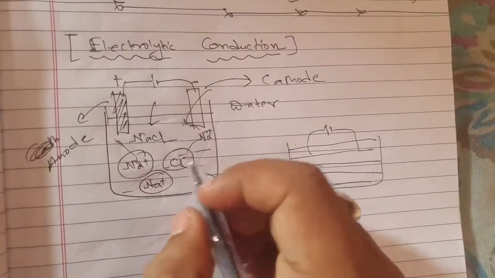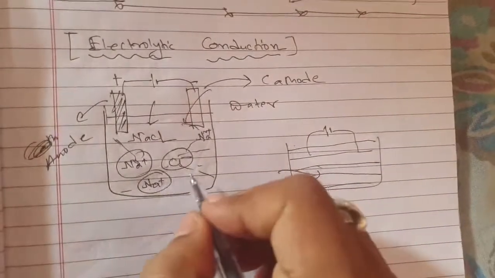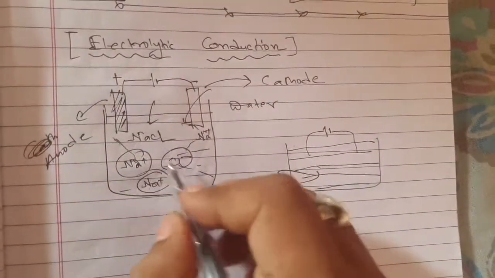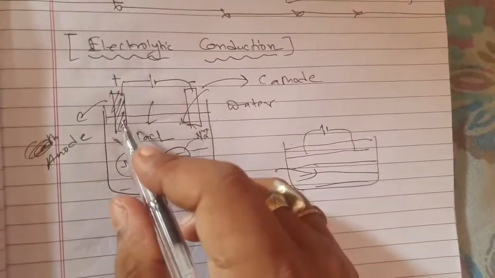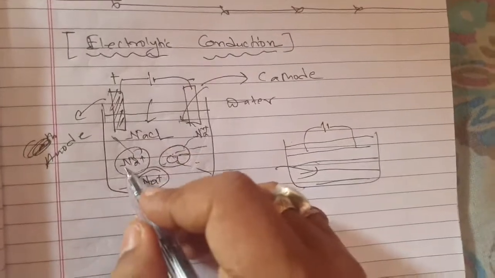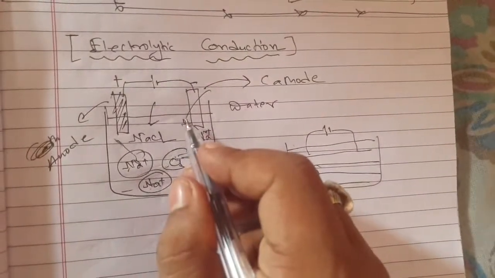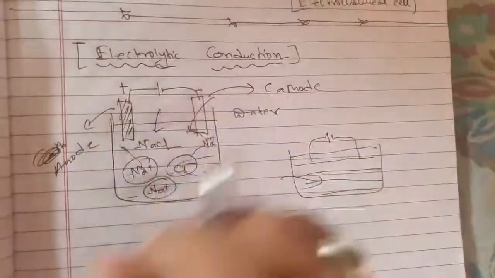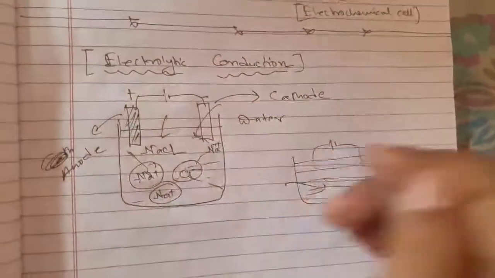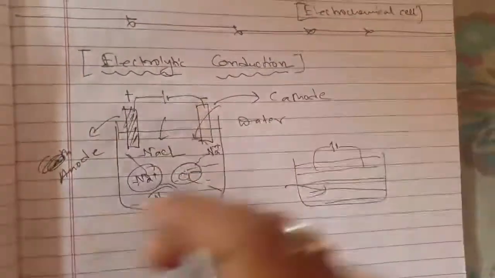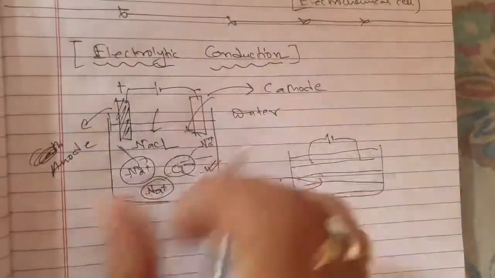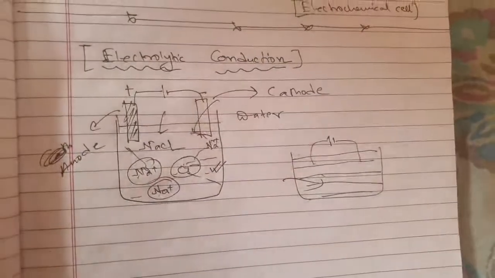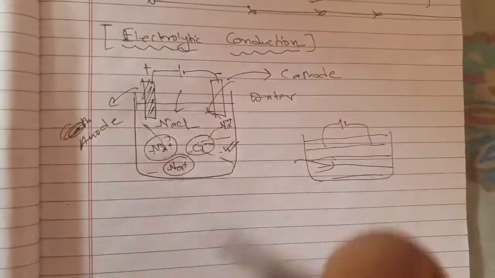The negative ions will migrate towards the positive electrode or anode, and the positive ones will migrate towards the negative electrode or cathode, and hence it will be electrolytic conduction. In this chapter we will be more interested in the nature of the electrodes, how you should keep the electrolytes, or what are the factors that govern the conductivity of the electrolytes.